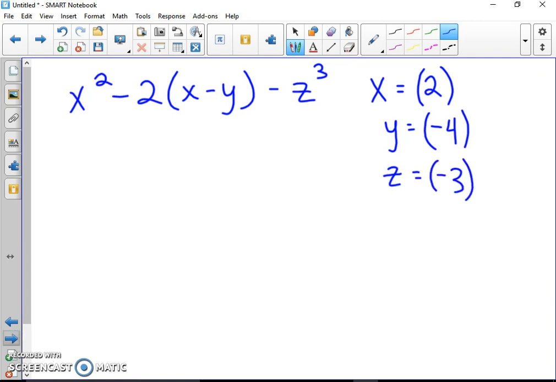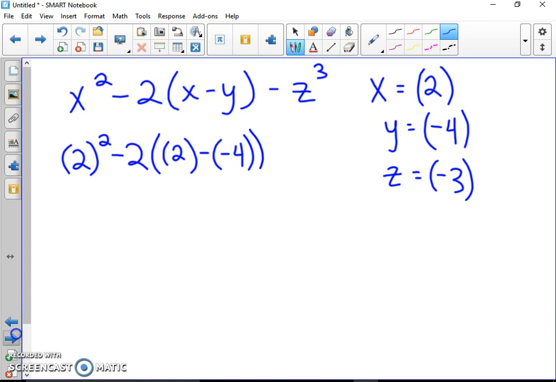Okay, let's plug in what we know. For every x, I'm going to put a 2, so I have 2 squared minus 2 times (2 minus y, which is negative 4). So make sure that that subtraction comes down. Minus (negative 3) cubed. Okay, we've got everything substituted.